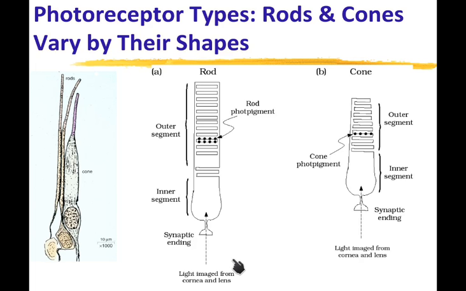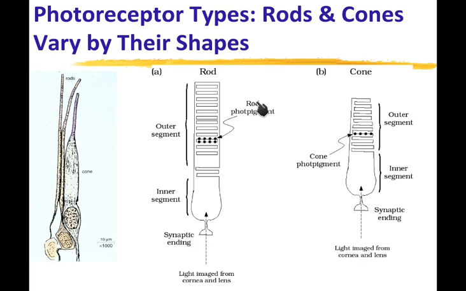So this is how it looks in a schematic. Again, they're not drawn to scale. Rods are typically smaller than cones. This is a rod photoreceptor, and this is a cone photoreceptor, and this is an illustration of their shape and size. The outer segment, which is this part here, has this pigment. And this molecule, you can see, is a very convoluted molecule.